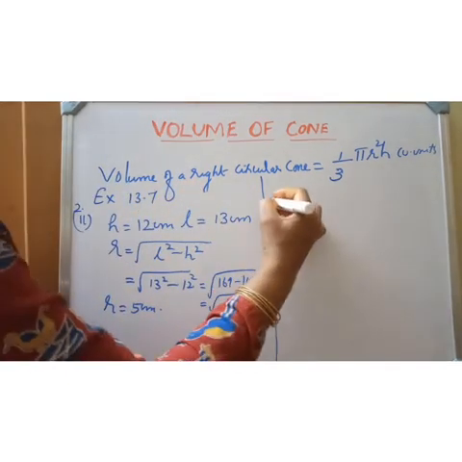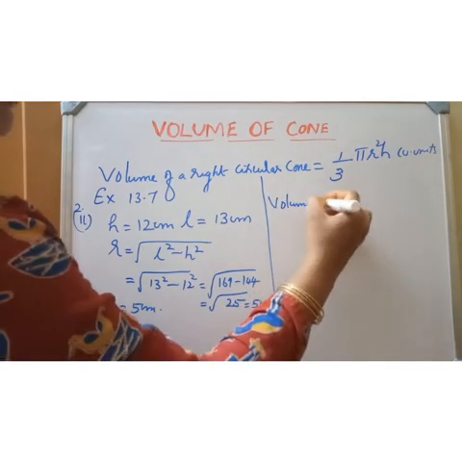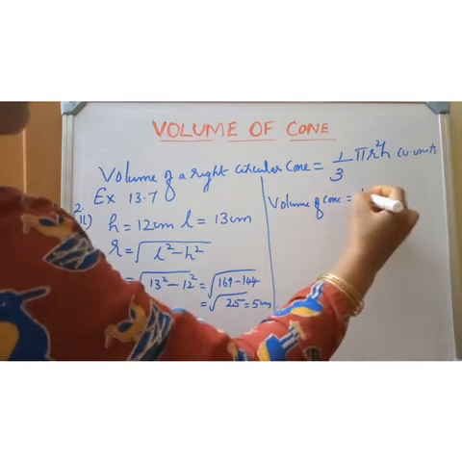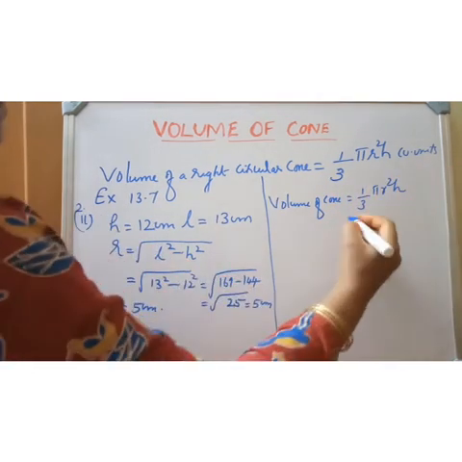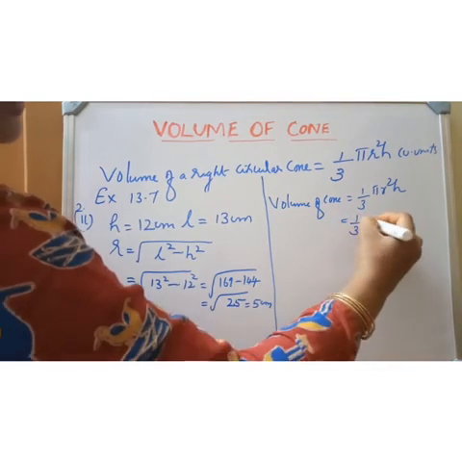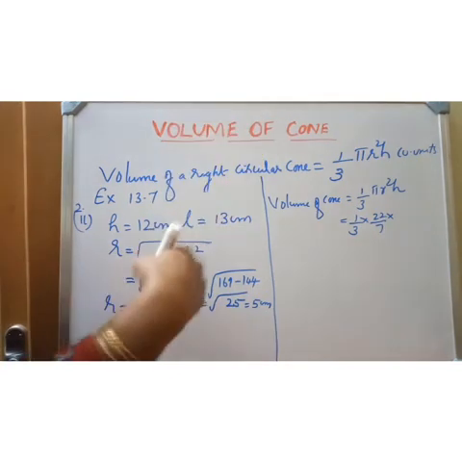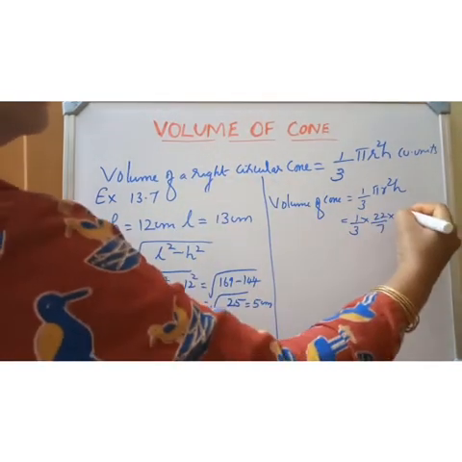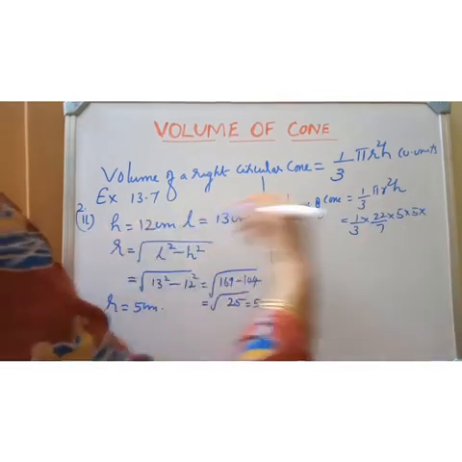So write next, volume of cone equal to, first you write the formula 1 by 3 pi r square h cubic units. That is 1 by 3 into 22 by 7 into r square. r is 5, so r square is 5 into 5, into h 12.